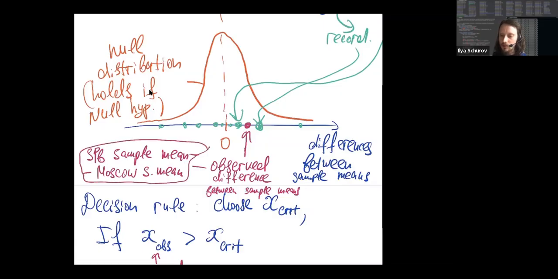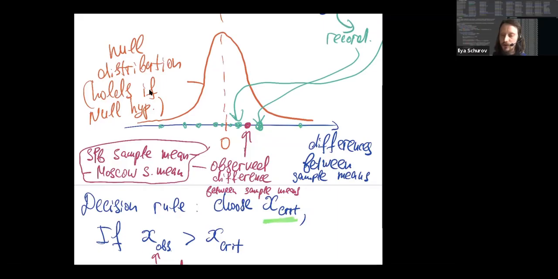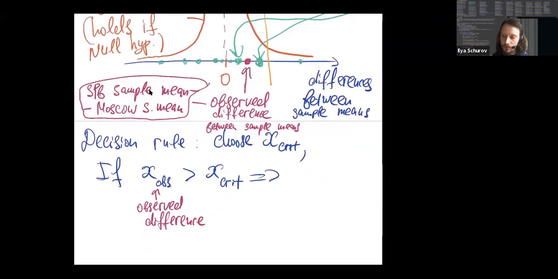I will say that yes, people in St. Petersburg are taller than people in Moscow. What is x critical here? X critical is some critical value. It is a threshold such that if my observed value is larger than this threshold, so let me put it somewhere here, if my observed difference is larger than this x critical, then I will reject the null hypothesis.